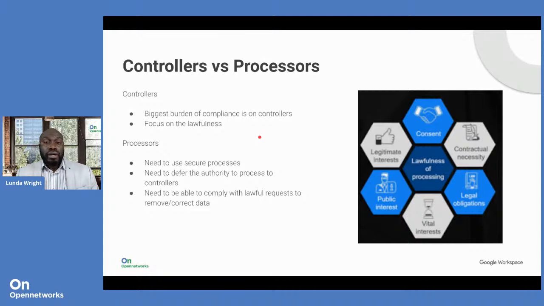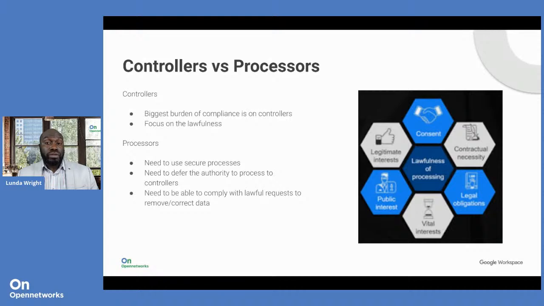A key item that you need to pay attention to when it comes to privacy compliance is understanding the difference between being a controller and being a processor. In terms of the various regulations related to privacy, controllers bear the biggest burden of compliance.